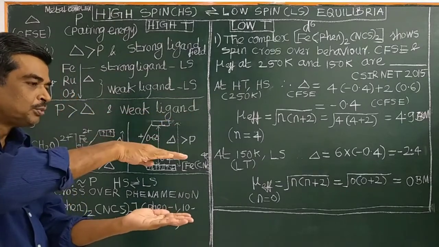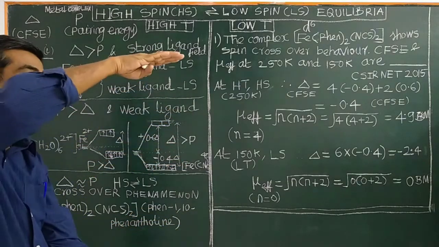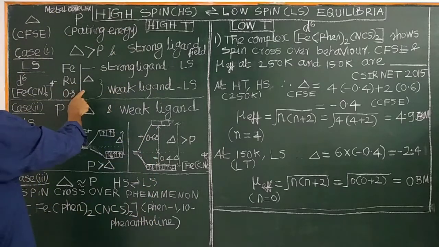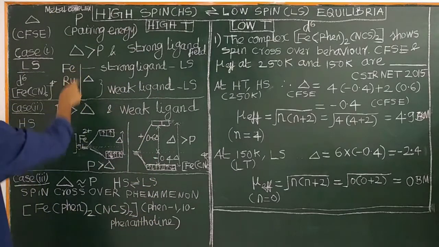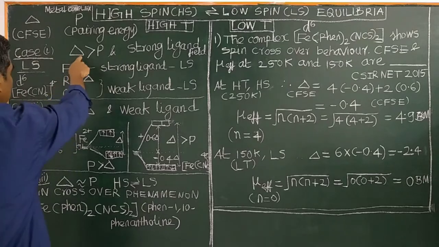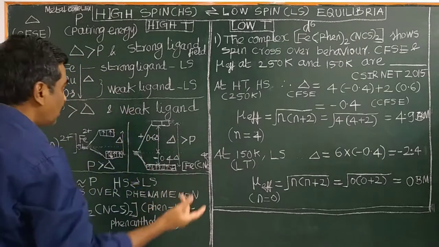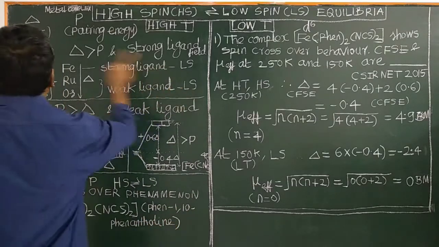For example, iron this much, ruthenium this much and osmium this much. So the crystal field splitting is very much greater. It increases down the group. Therefore, even in a weak ligand field, it forms low spin complexes.